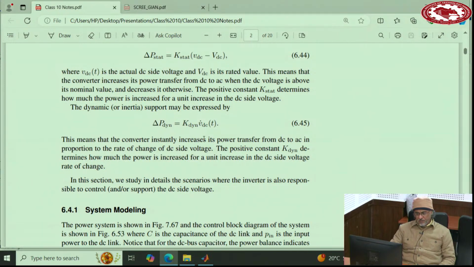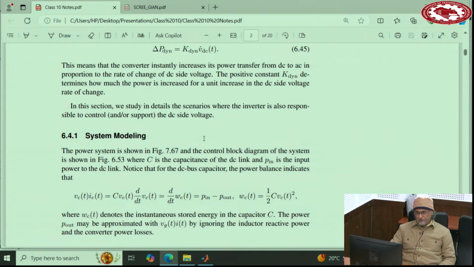All right. So in order to go a little into details of this and design controllers for that aspect, first of all, we notice that as far as the power of the capacitor is concerned, we have the voltage into the current, which is this equation, and its derivative of the energy that is equal to power coming to a capacitor and power leaving the capacitor.